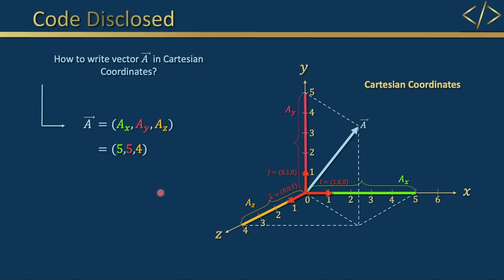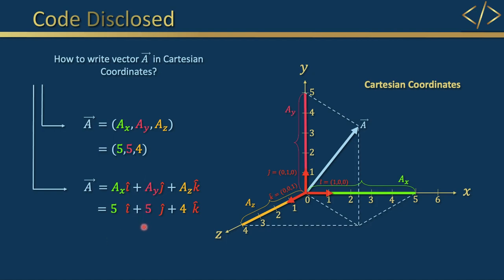So we can represent vector A as a function of these unit vectors by saying ax, which is the coordinate of A on x, times i, which is the unit vector on x, plus the coordinate on y times the unit vector on y, plus the coordinate on z times the unit vector on the z-axis. Let's put numbers here.